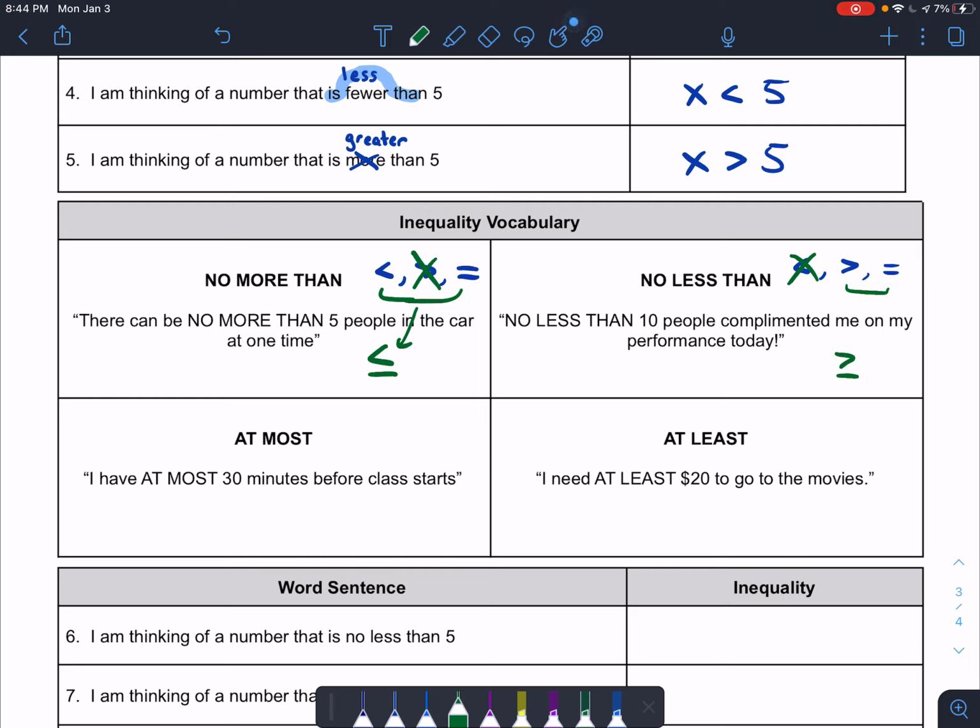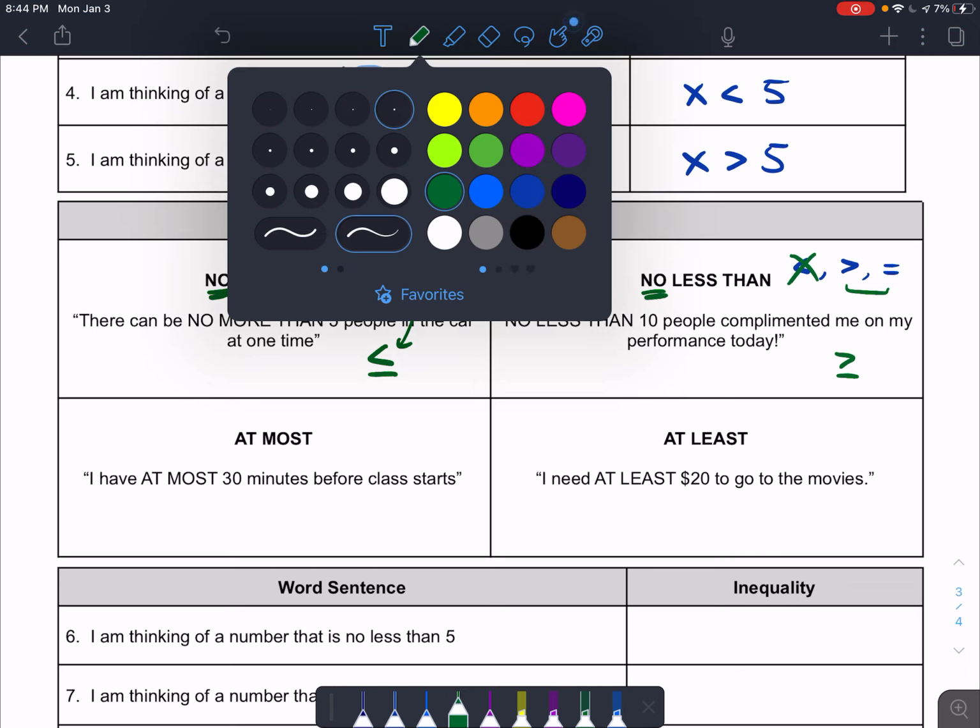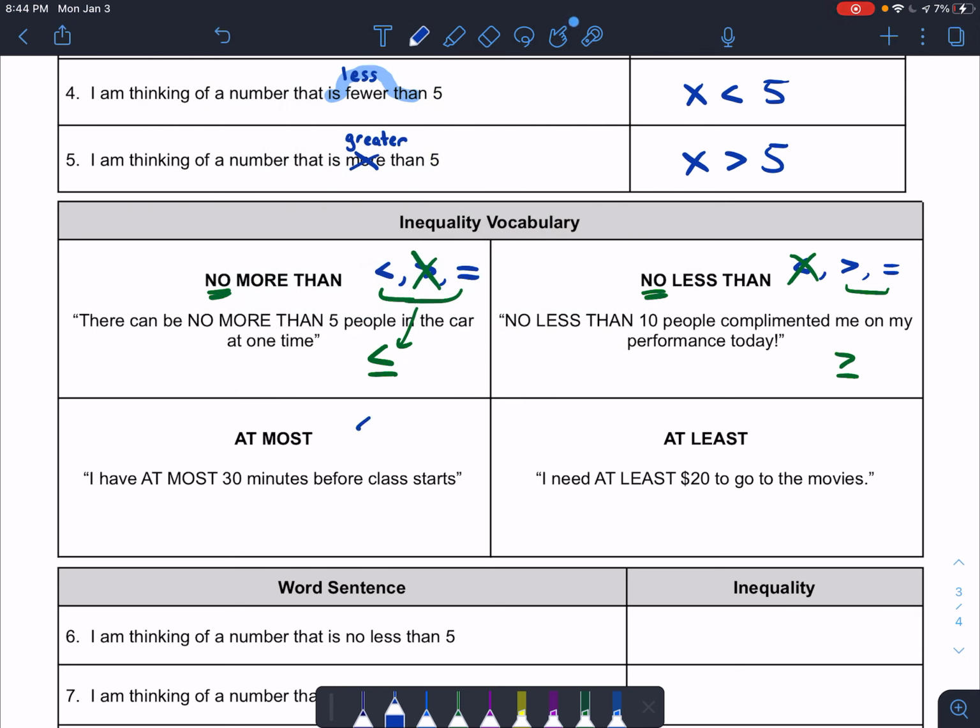For me, I use the same strategy, but there's no nice "no" in front like we had in these first two. So when I talk about being at most, I again use less than, greater than, or equal to, and I just do a little bit of thinking.